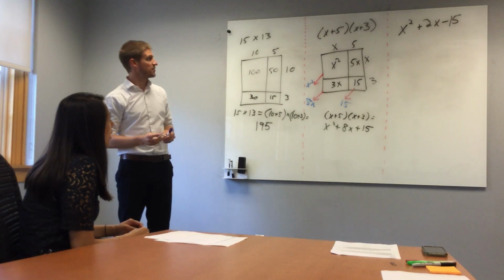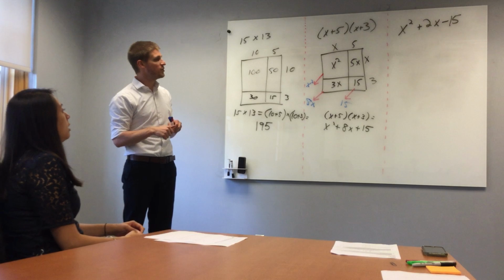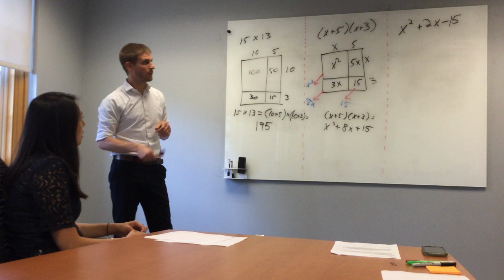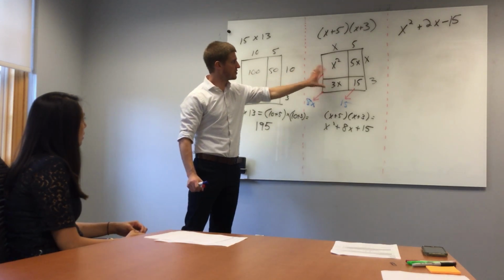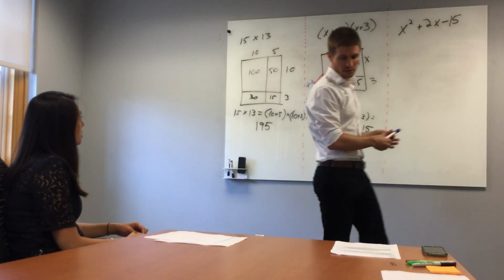Okay. Let me ask you this. Take a second to think, again, on your own, of course. What do you notice about this vertical coherence that we're seeing from part A to part B? What's the coherence going on between the two? Take a second to think.